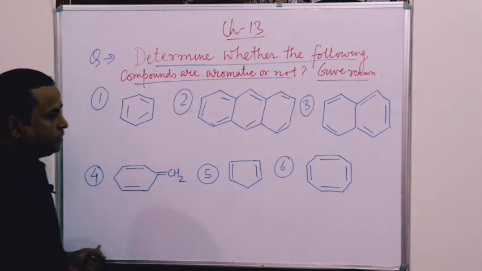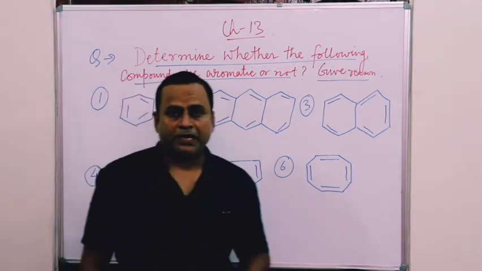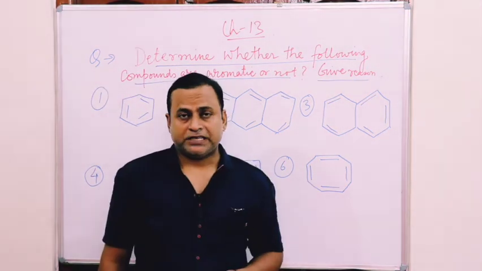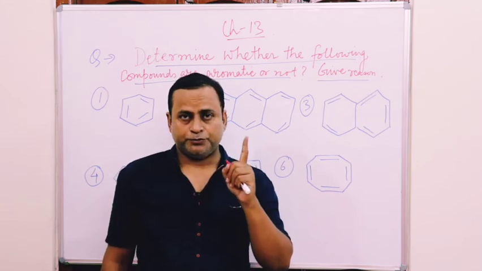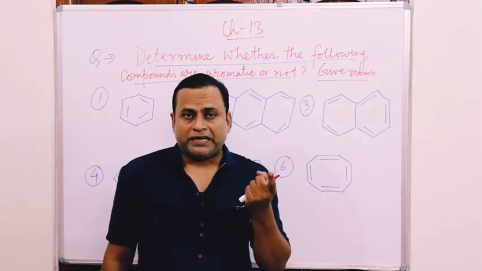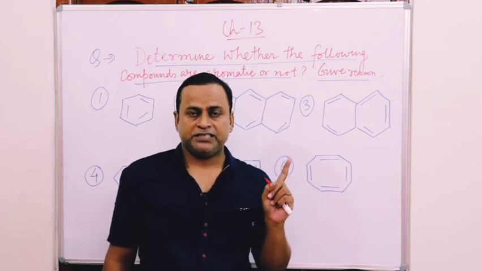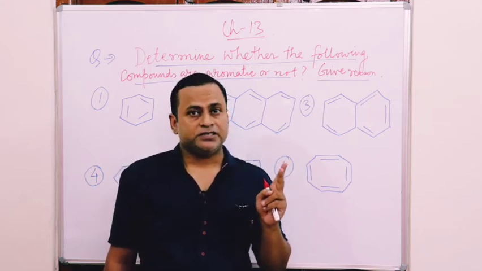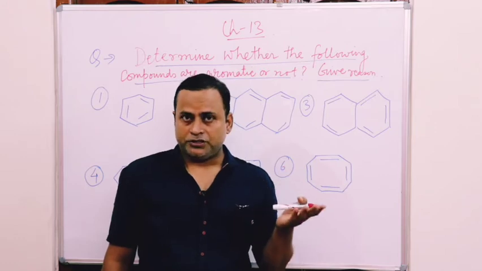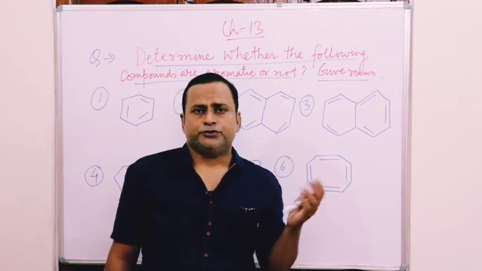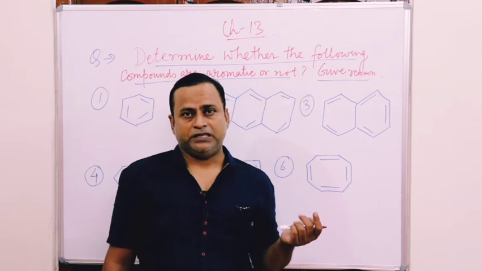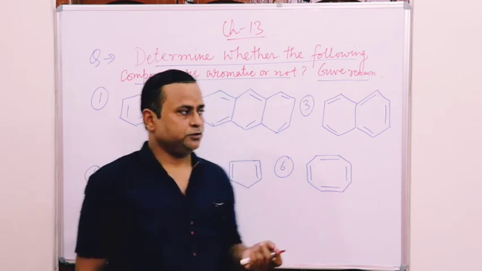For a compound to be aromatic, it should satisfy three conditions. First, it should be planar. To check planarity, we have to see that the carbon atoms all are sp2 hybridized. Second, there should be delocalization of pi electron so that resonance is possible. And third, it should have 4n plus 2 pi electrons, that is, it should obey Huckel's rule.